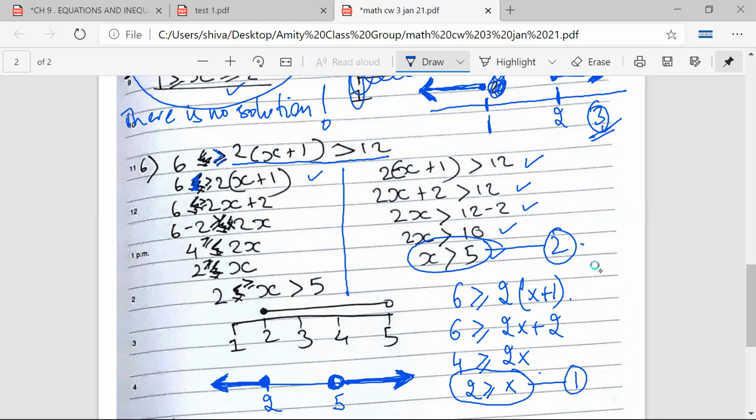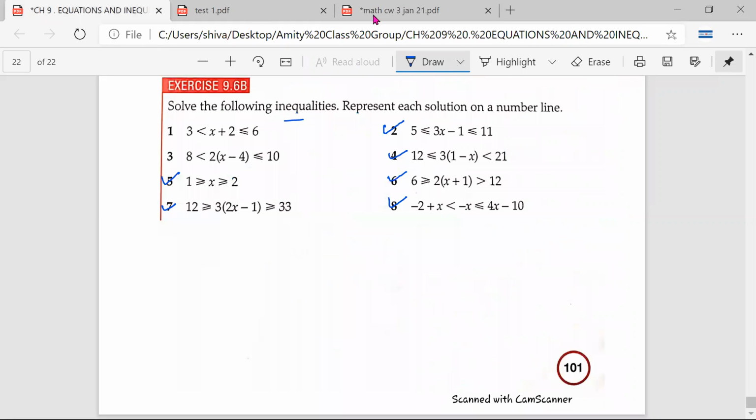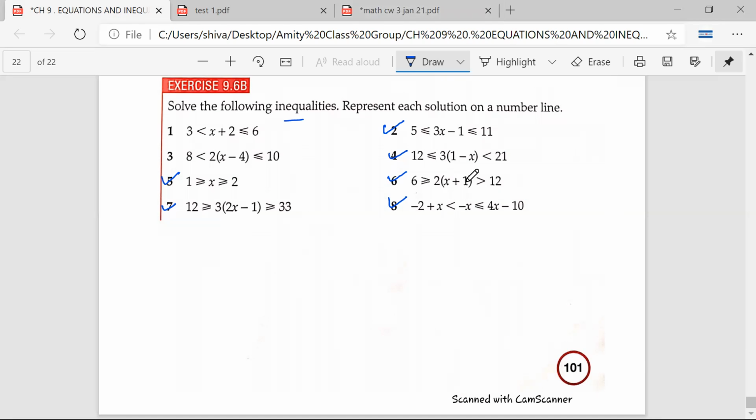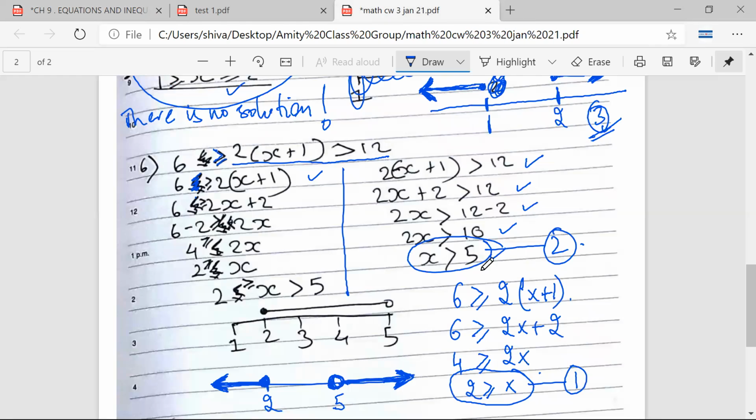Now, if you have noted this question correctly, let me check the question. Twice of x plus 2 is less than or equal to 6, and twice of x plus 1 is greater than 12. Yes, this question is correct.